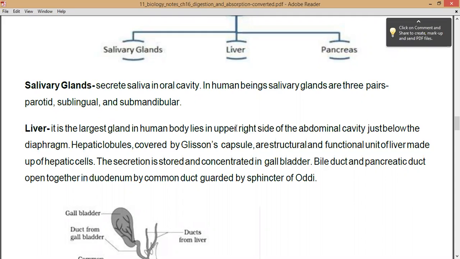Now hepatic lobules, which are covered by Glisson's capsule, are the structural and functional unit of the liver, which is made up of hepatic cells.